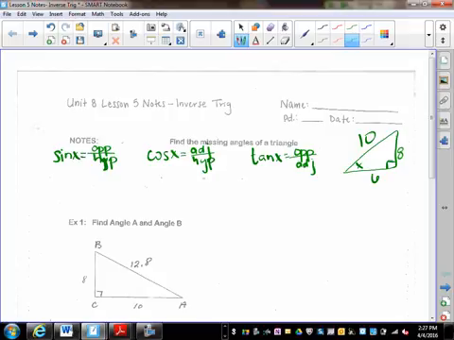Alright. So sine of x equals opposite over hypotenuse. Set this up to find our x value there. We have sine of x equals, what's my opposite side? 8. What's my hypotenuse? Oh, what mistake did I make?